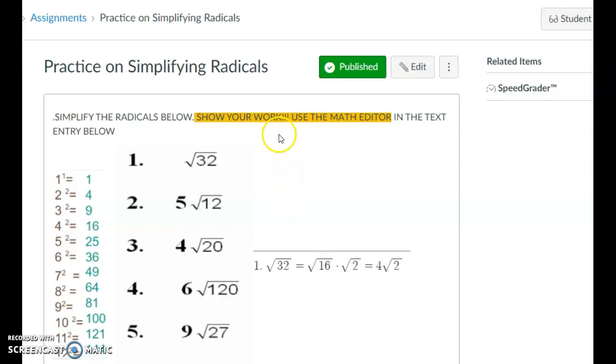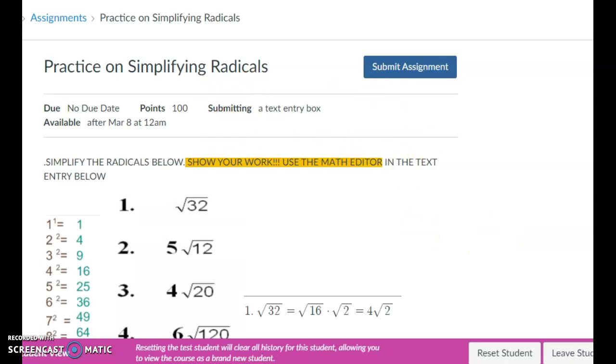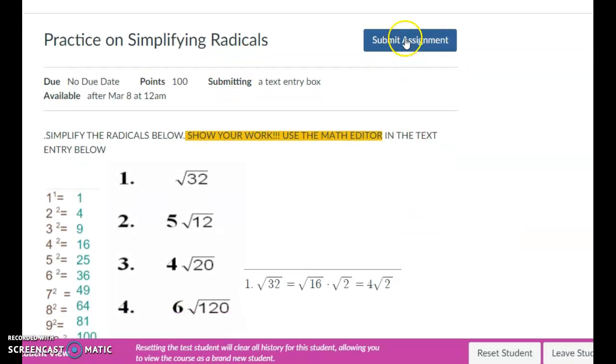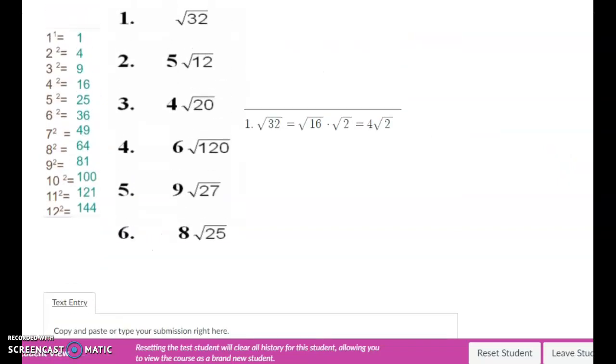Okay, and because I showed work, then I knew where the error is, and I know how to address those areas that are difficult or that cause you problems.